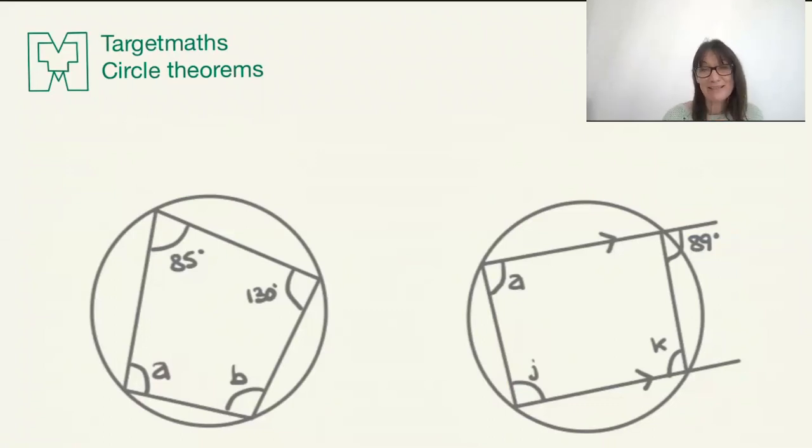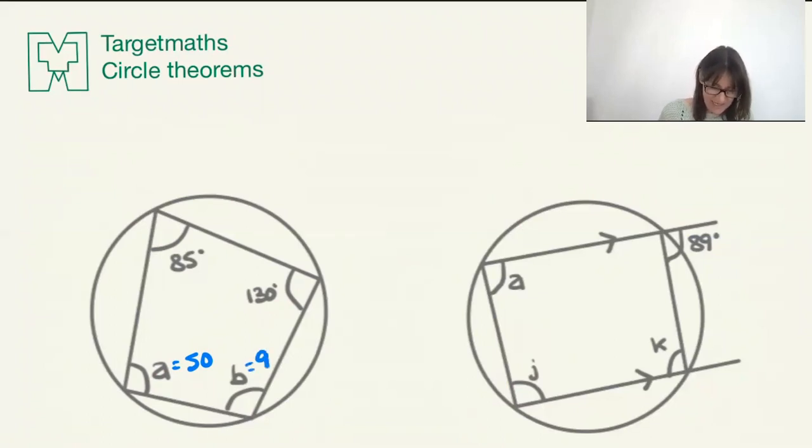Okay, so hopefully this was nice and easy. Opposite angles add, just remember it's add to 180, okay? So if this is 30, this has got to be 50. So A is equal to 50. And then if that is 85, then B, again, it's got to add up to 180.